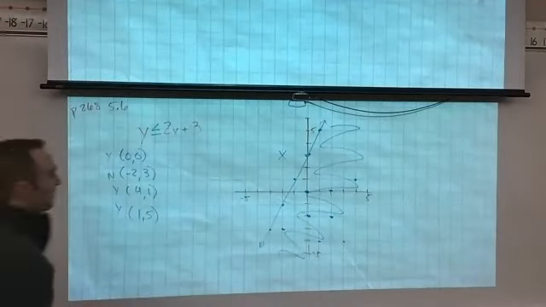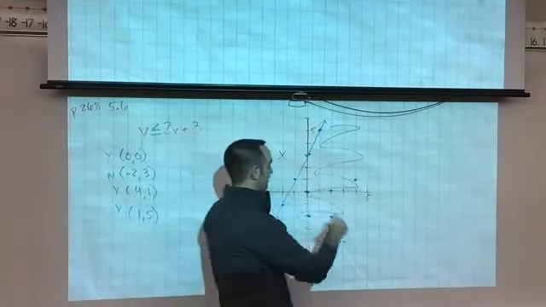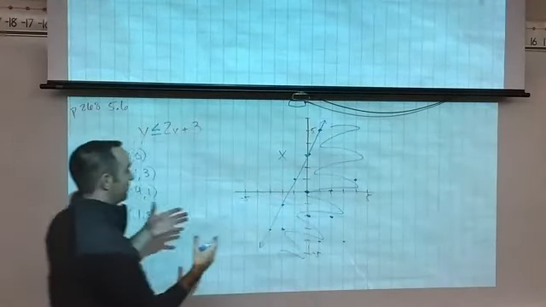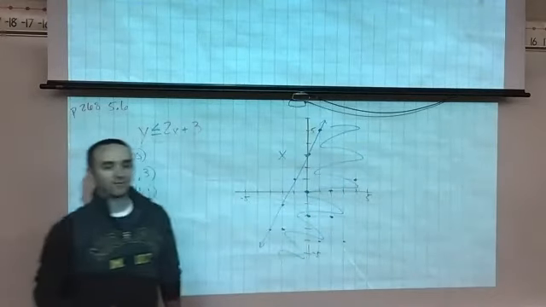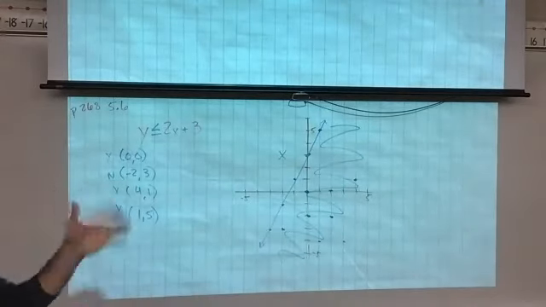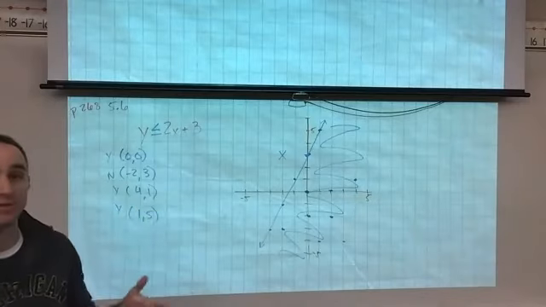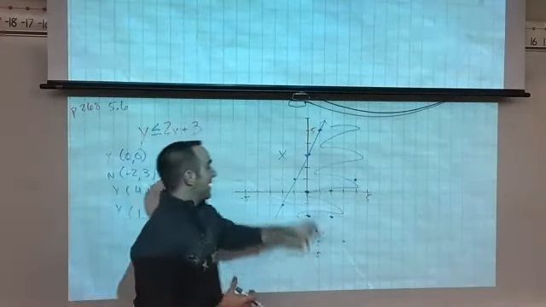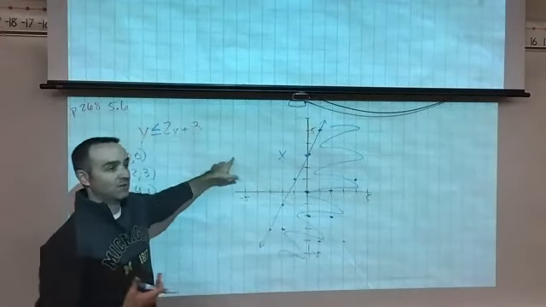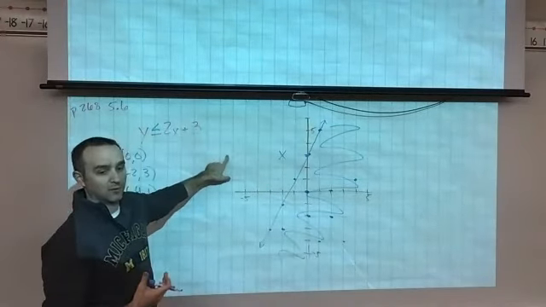I can't shade very well because I'll run out of markers by this afternoon. But you get to shade this entire side of the graph because that's telling us that anything on that side of the line is going to be a solution. Anything on this side is not going to be a solution. It's not going to work.